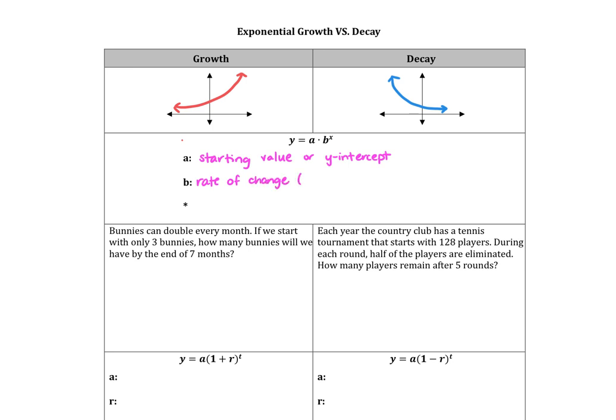This is really important that we understand that rate of change is written in words. So for example, I might say when talking about growth, I might use words like twice or double.